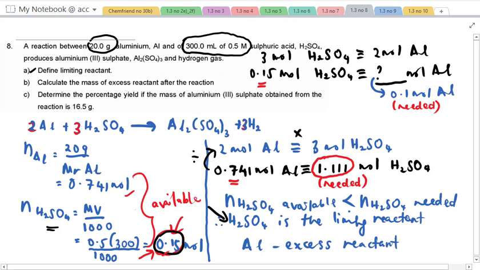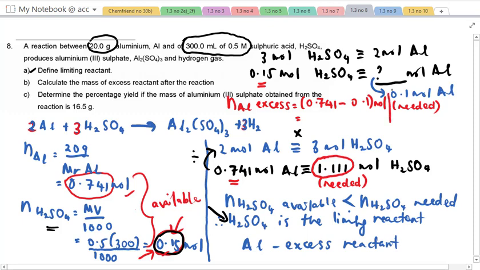Kan? Okay. How many mole did we have originally? The original mole is this, available. So what to do? Have to subtract. Right. We get the mole excess. Therefore, the mole of aluminium excess equals 0.741 minus that 0.1 mole.